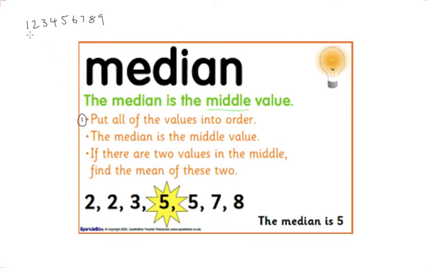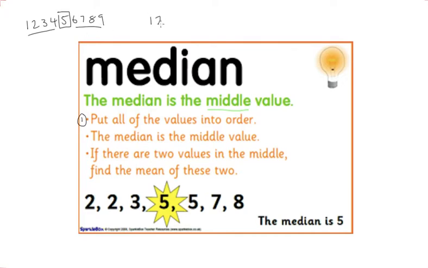Well, we have 9 numbers, and the middle number is a number that will have equal amounts of numbers on the left and on the right. So it would be 5, because you can see here there's 4 numbers to the left of 5 and 4 numbers to the right, so it's in the middle.